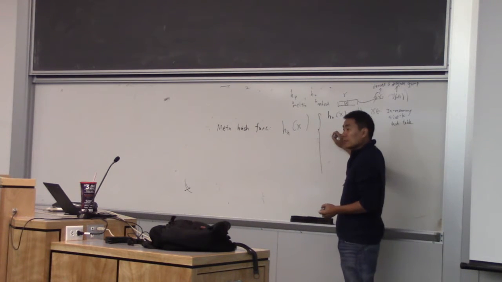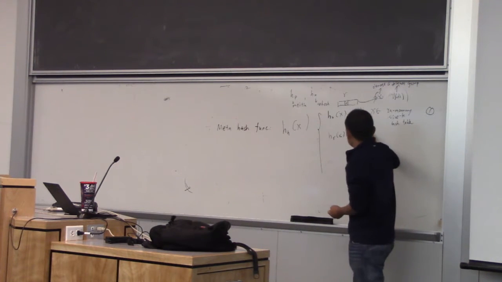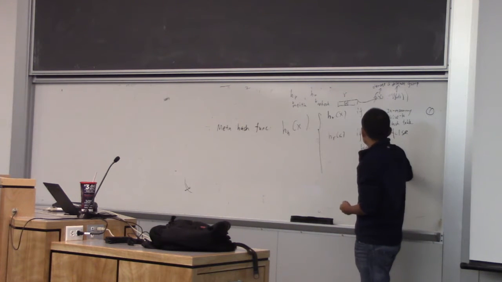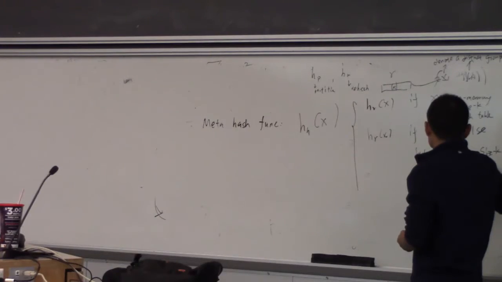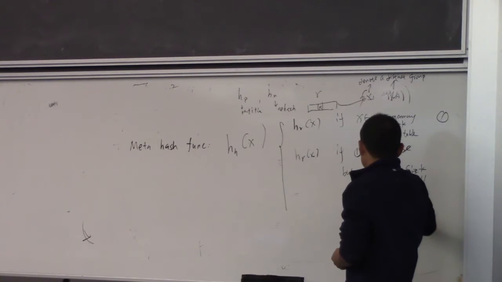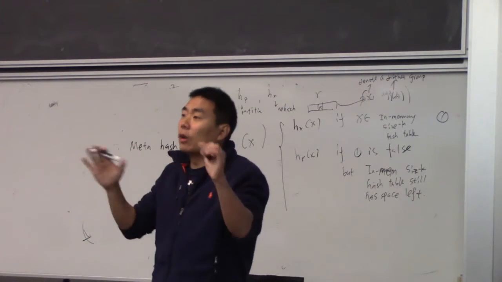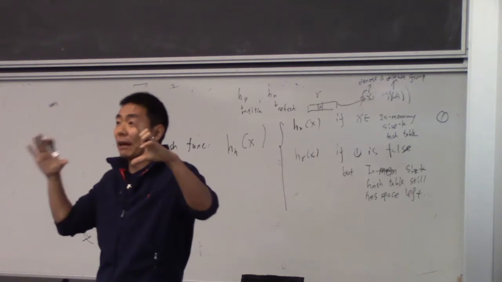Or, I say this is 1, right? It's also equal to HR of x if 1 is false, but the in-memory size k hash table still has space left. What that means is, there's no entry for this group. This is a new group I have never seen before, but I still have space left in my in-memory hash table.